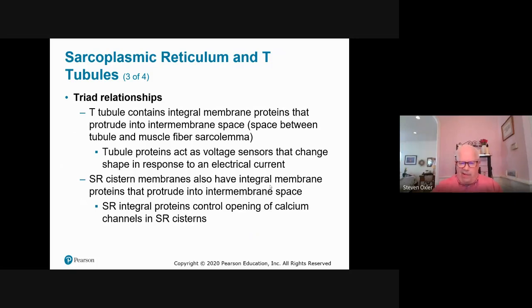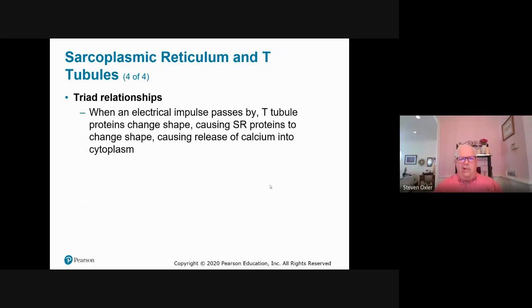And remember, without calcium, your muscles cannot contract. So when an electrical impulse passes by, the T-tubules change shape, causing the sarcoplasmic reticular proteins to change shape, thus releasing calcium so the muscle can contract.